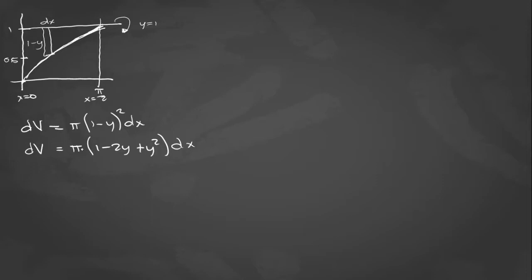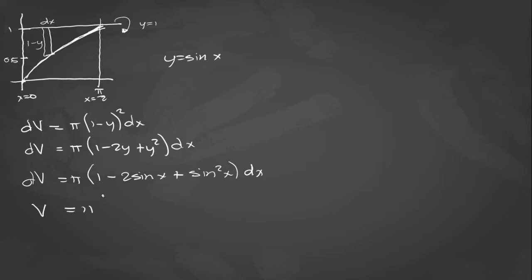Also, before integrating, we must substitute the value of y here. Since from the question our y is equal to sine x, substituting all the y with sine x, dV is equal to pi (1 minus 2 sine x plus sine squared x) dx. Integrating the differential volume, we have V is equal to pi times the integral of (1 minus 2 sine x plus sine squared x) dx, evaluated from 0 to pi halves.